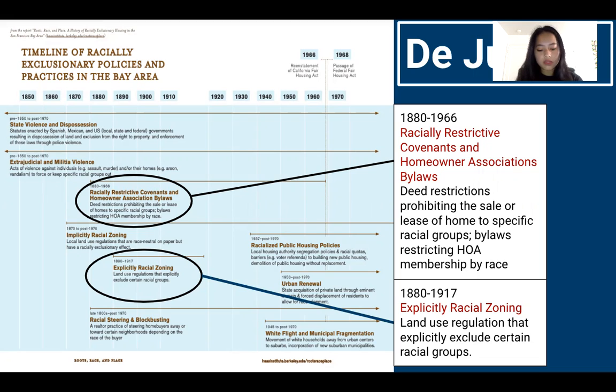There were also the racially restricted covenants and homeowner association bylaws of 1880 to 1966, which were deed restrictions prohibiting the sale or lease of homes to specific racial groups, and bylaws restricting HOA, homeowners association, membership by race.